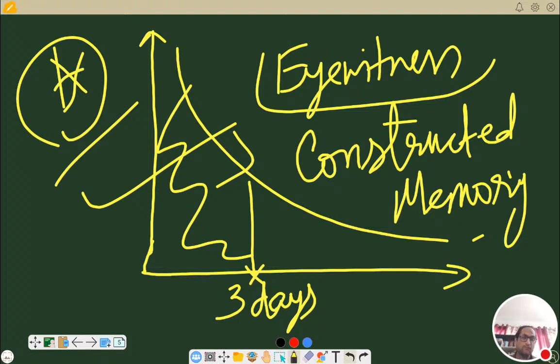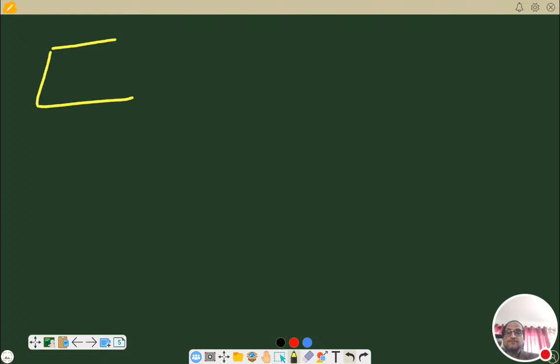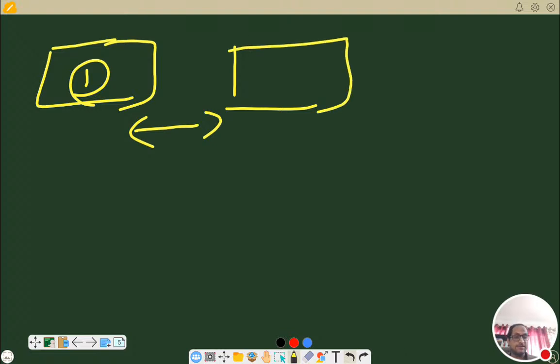So the Ebbinghaus forgetting curve, one thing. Secondly, Ebbinghaus also did some research about spaced learning, that you did some learning, after that you gave it a gap. First of all, you broke it in frames, that is, broke it in parts. Then after learning chapter 1, you took some gap and then again studied, rather than doing massed practice.